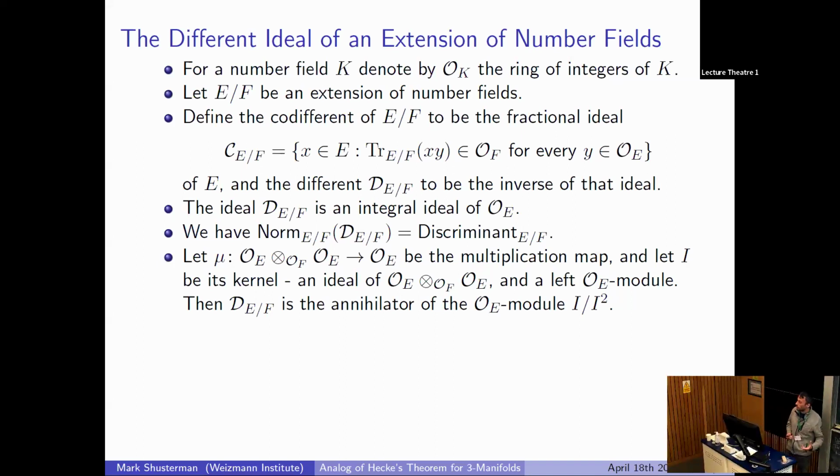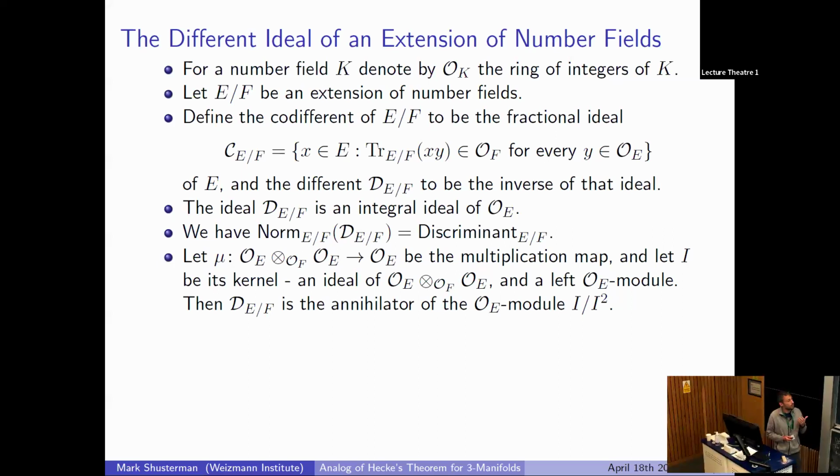So there's also another way to describe the different, in terms of the Kähler differentials of the extension of OE over F, and that's done as follows. You look at the multiplication map, and you take all the elements mapped to 0.